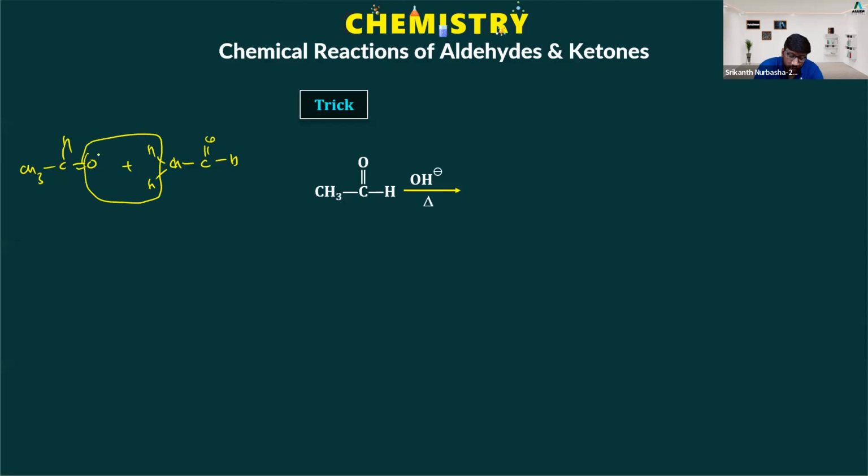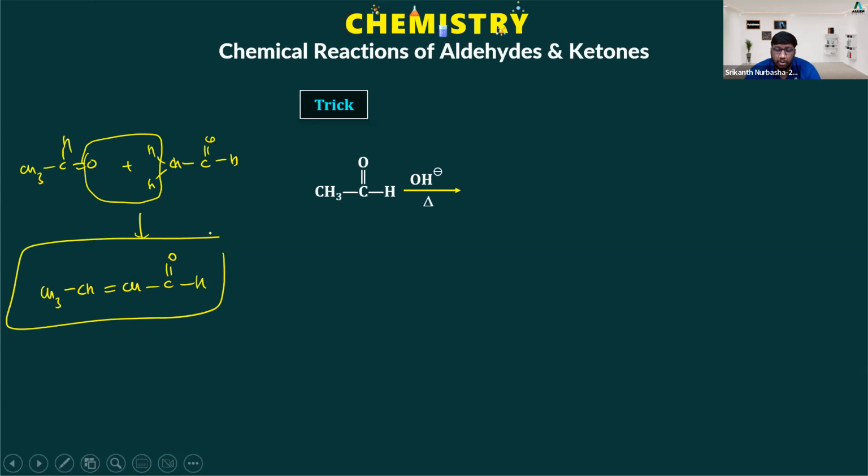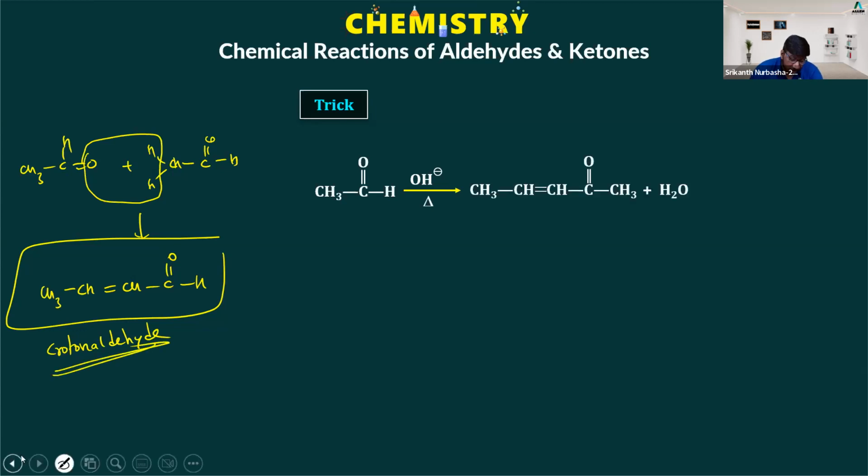With respect to the other molecule, 2 hydrogens from the alpha carbon should be lost. You will get CH3 CH double bond CH C double bond O H, which is nothing but crotonaldehyde. CH3 CH double bond CH C double bond O.